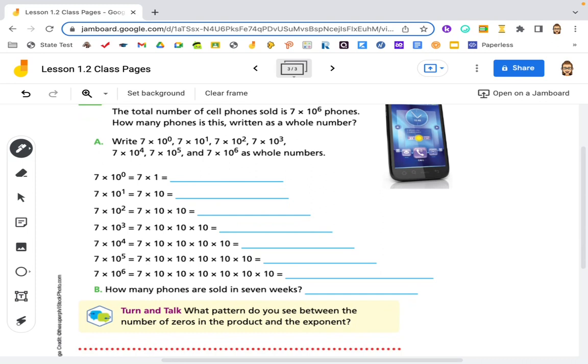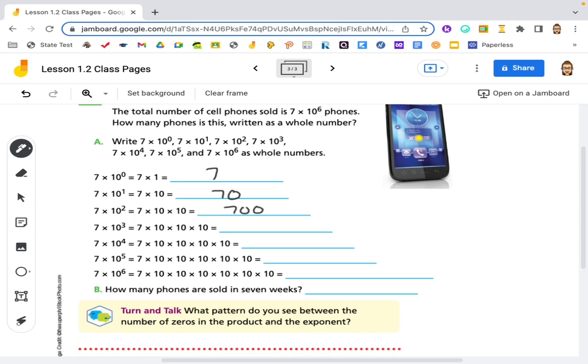Well, 7 times the 0 power of 10 equals 7 times 1. So that is just going to be 7. 7 times 10 to the first power equals 7 times 10, or 70. 7 times the second power of 10 equals 7 times 10 times 10. It's going to give me 700.